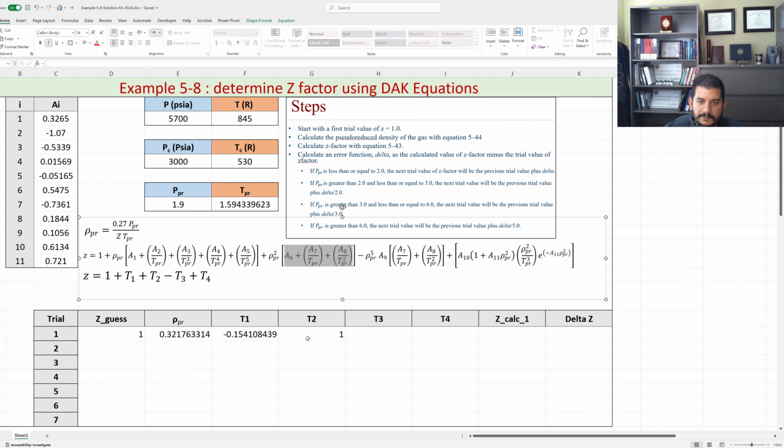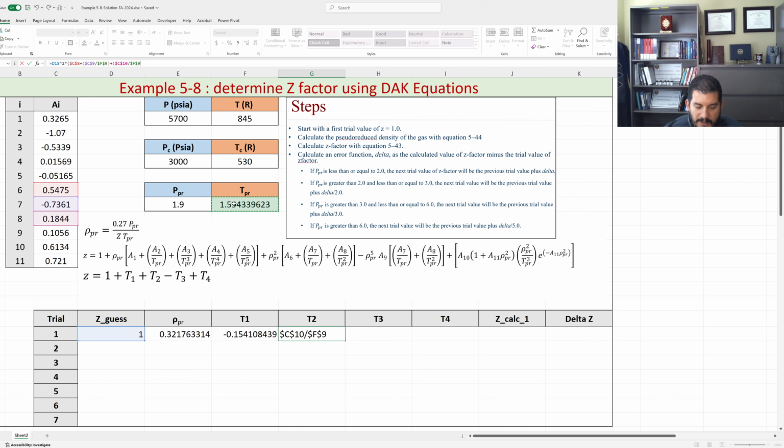There we go. Now moving back to here, we have the pseudo reduced density squared times A6, lock it, plus open parentheses A7, lock it, divided by the TPR, lock it, plus A8, lock it, divided by the TPR, lock it, to 2.